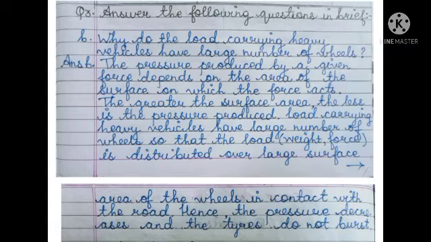So that's why to reduce the pressure, vehicles have large number of wheels. So the greater the surface area, the less is the pressure produced, and so the pressure decreases and the tires do not burst. This is the reason the load carrying heavy vehicles have large number of wheels to decrease the pressure.